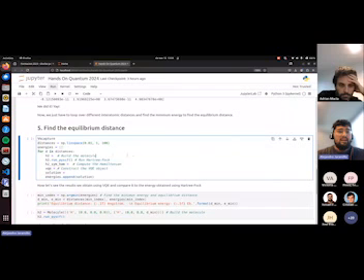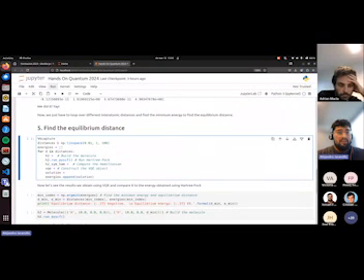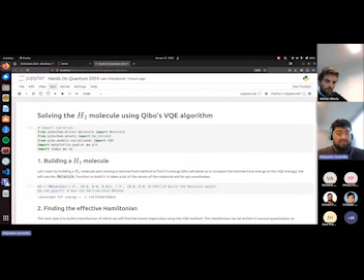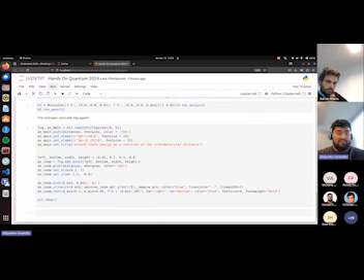And now here we just do this all over again, just looping for different distances and seeing which is the equilibrium distance by minimizing. So let me just copy this so we don't have the same problem again.